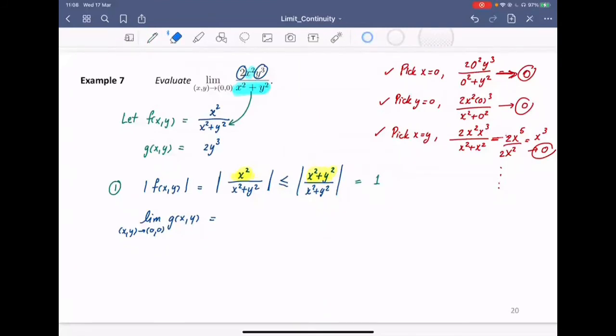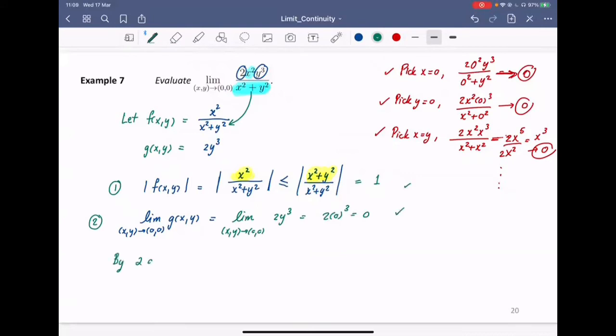The one I pick is x squared over x squared plus y squared for f. And then for condition number 2, I am going to pick the function g to be 2y cubed, and this is 2 times 0 cubed, which is 0. So perfect, I get the two conditions I want.